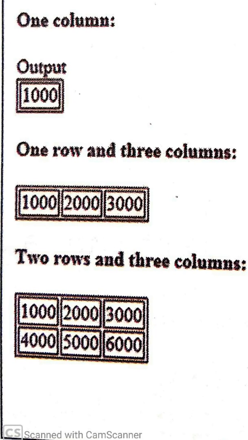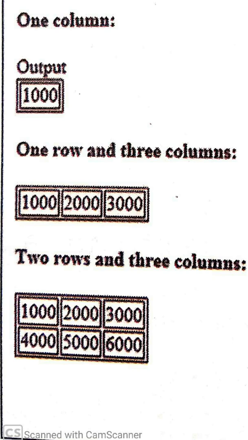If you want to specify a row in your HTML, which tag do you have to add? TR tag. And if you want to add data inside the table, you have to use the TD tag. Getting my point? So for 1 row you write 1 row, for 2 rows you write 2 rows, and for 3 columns you write 3 columns.